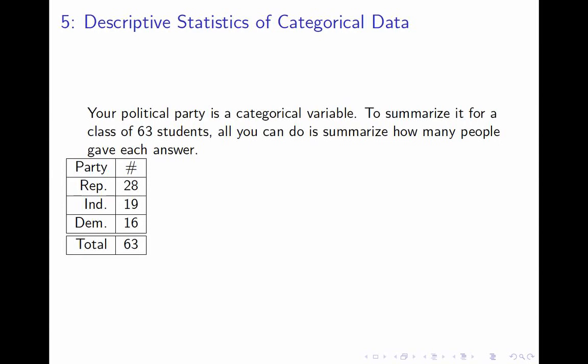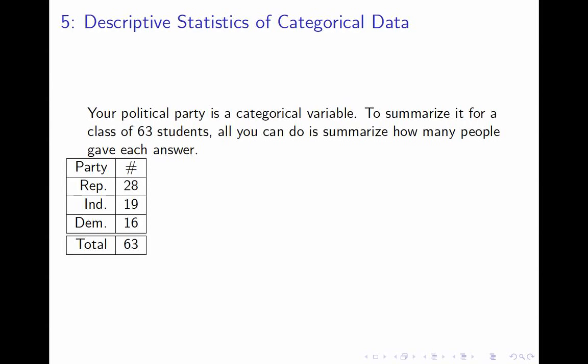So that's what I have in the chart here. I have 28 Republicans, 19 Independents, and 16 Democrats answered those three different answers.